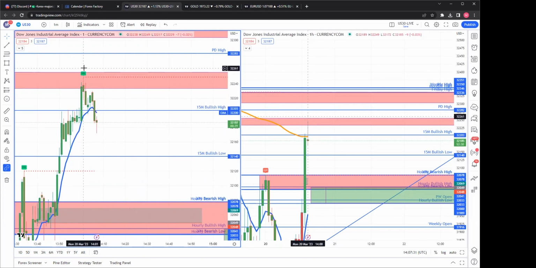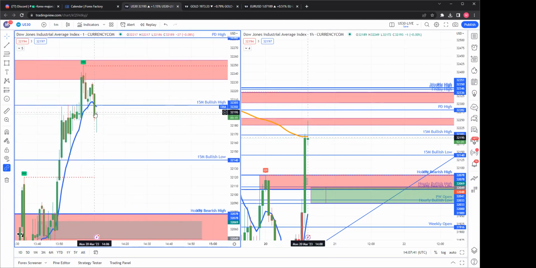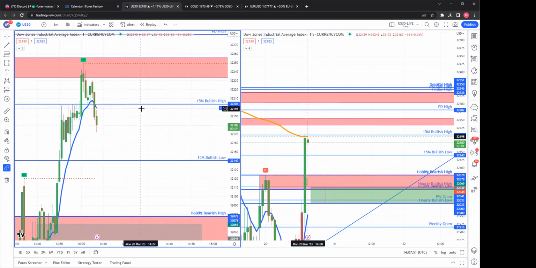That is 32, 260, 32. So this is a 60 pip zone. Okay, so what I'll do, and this is just testing this one out, if I do this, I'll go for 20 pips. So I'm looking for a retest of the 9 EMA exactly, or a retest of the bullish high exactly. So this fits as a counter trend.